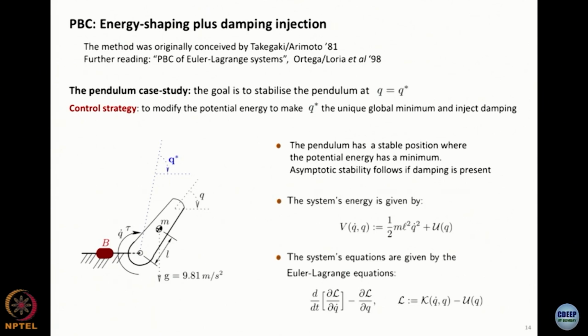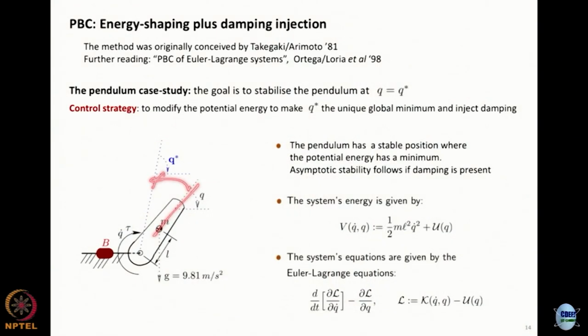So they figured out how to control robots, robot manipulators, nonlinear systems, using this method that they called energy shaping. And it consists in, as I was saying in the beginning, when you have a passive system, you have this energy balance equation. So what they figured out is, if I want to bring my pendulum to a desired position, all I have to do is manipulate the potential energy to bring the minimum of the potential energy to that position. And if through my control I am able to do that, I will be able to stabilize any equilibrium at that position.